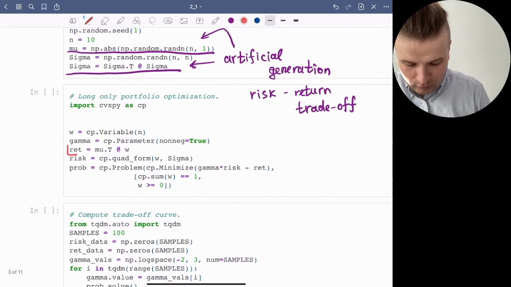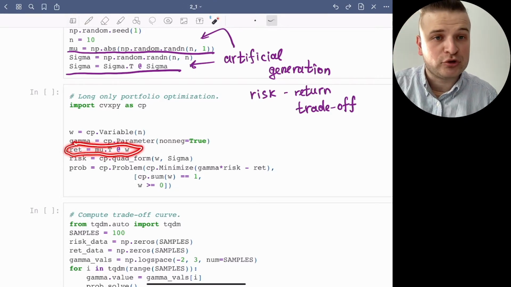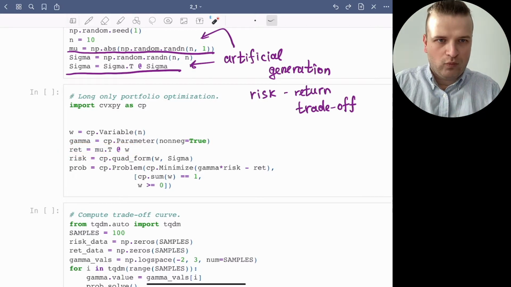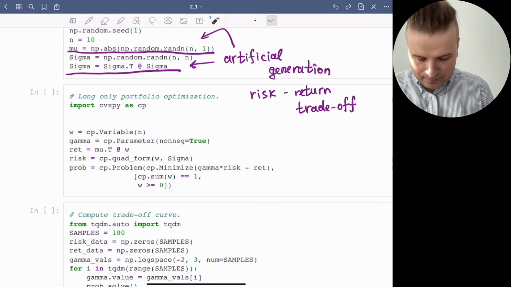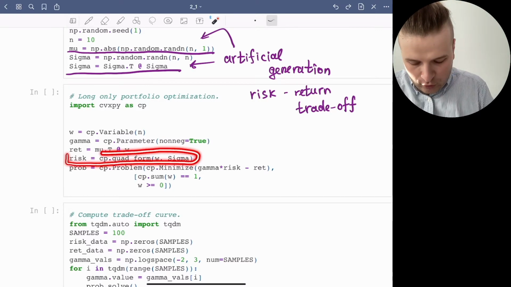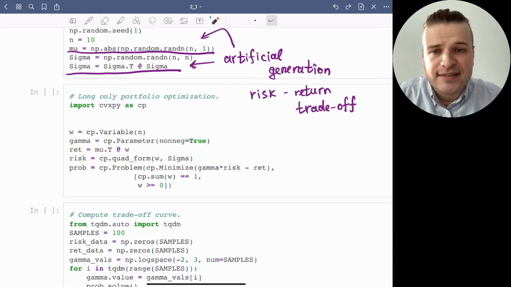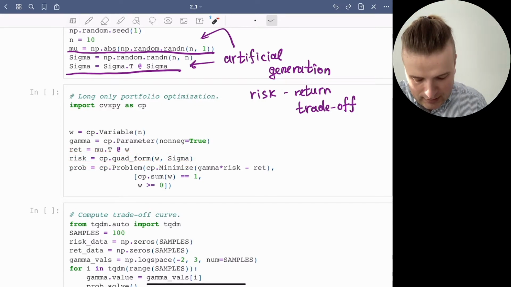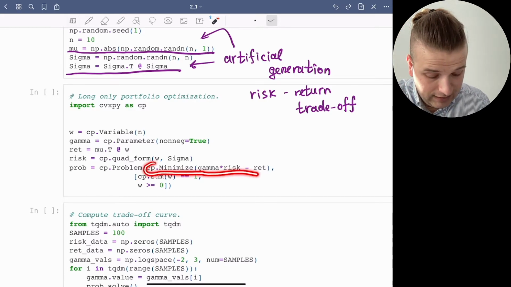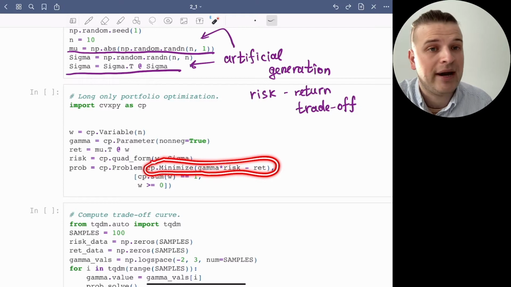Here we formulate our objective function. It's just mu transpose multiplied by vector w, or vice versa. It doesn't matter here. We formulate a risk function as a quadratic form based on matrix sigma and vector w, and we formulate a problem of minimization of gamma multiplied by risk minus return.